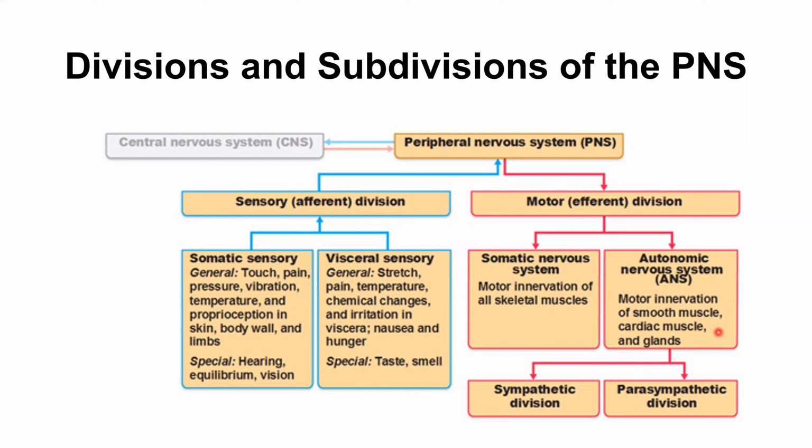And this is going to innervate the smooth muscle, cardiac muscle, and glands to perform actions. And then our autonomic nervous system can actually further be broken down into the sympathetic and the parasympathetic division. And so this concept of the autonomic nervous system as a whole is something that we're going to talk about in next week's lecture. So you'll learn a lot more about the autonomic nervous system.